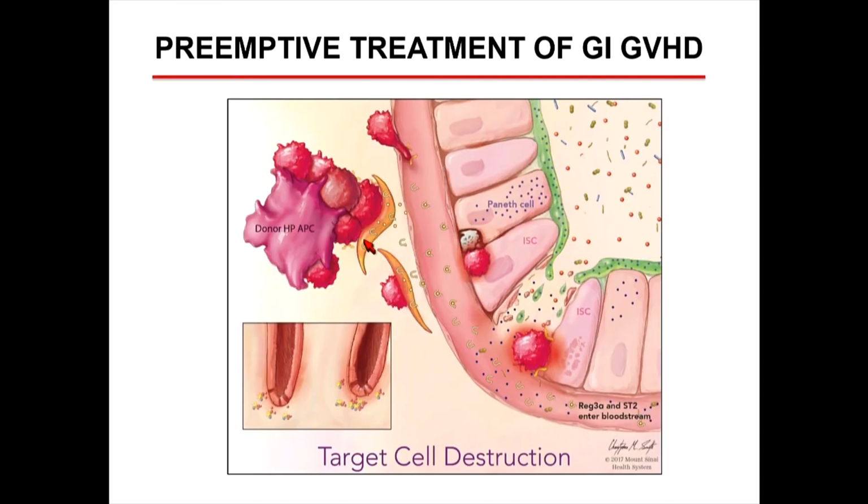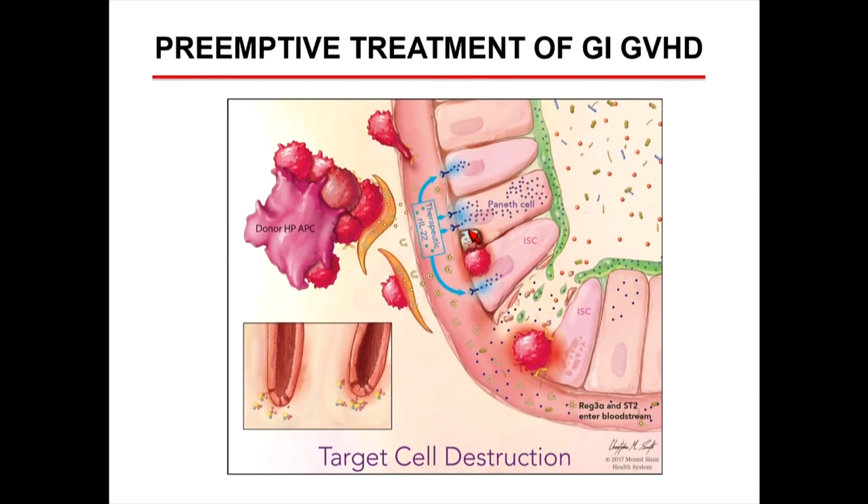So this opens up now, not only do we have biomarkers to look at early stages of GVHD, it starts to focus our attention on the innate immune system that's present in the GI epithelium and how we might be able to use it in terms of trying to restore health to these cells.